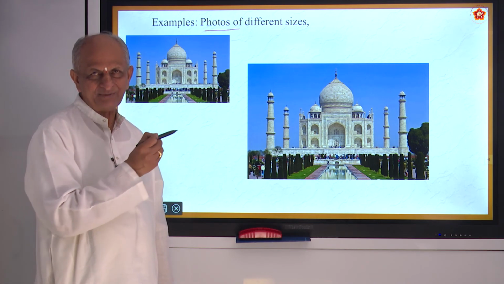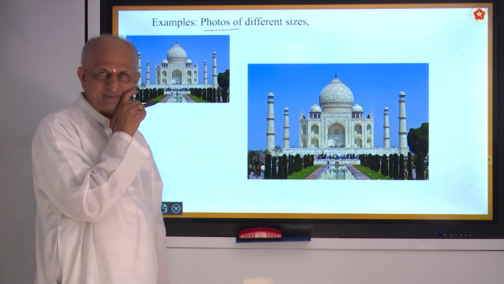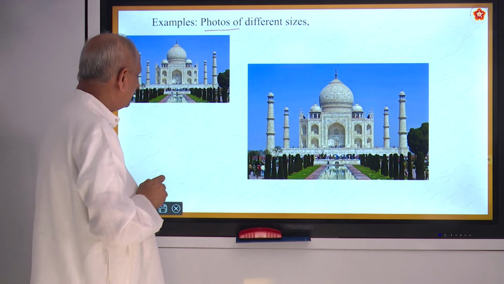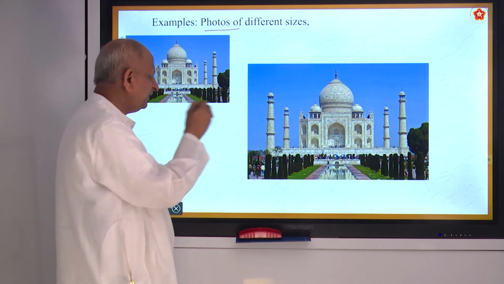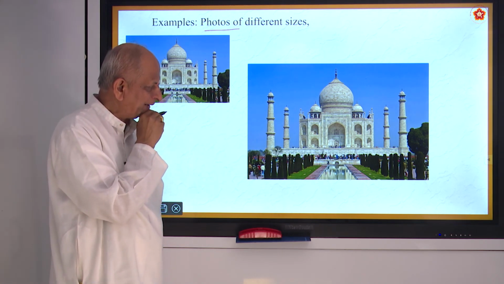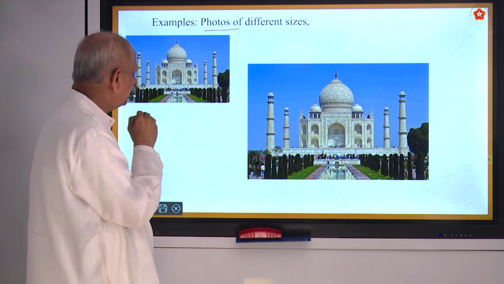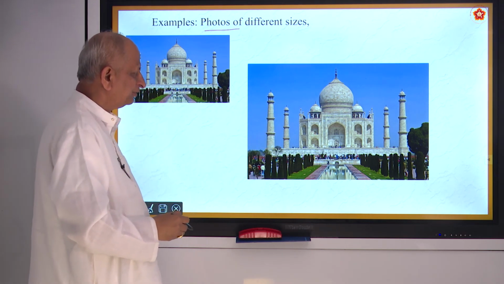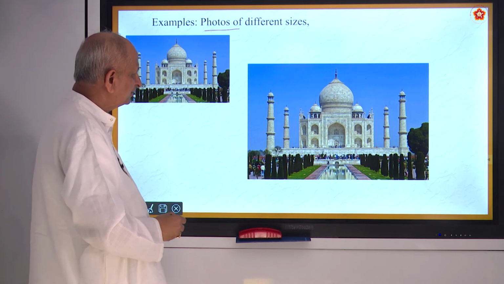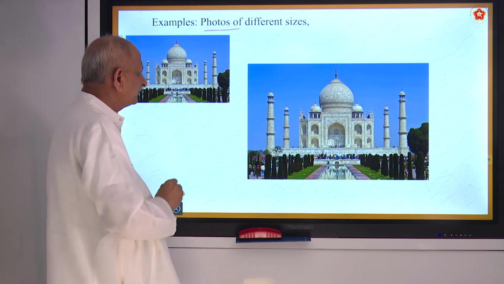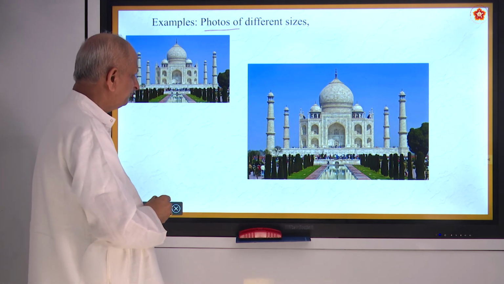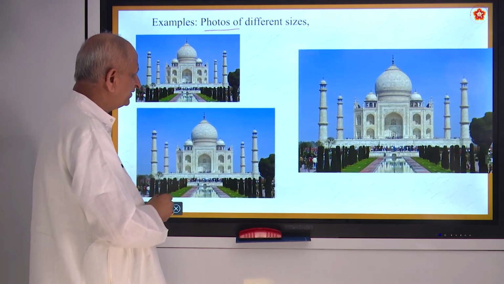Shah Jahan built this Taj Mahal in the name of his wife, and it is a world famous monument made up of marble. And here you see, this is also a Taj Mahal photo, this is also a Taj Mahal photo, and here the shape is the same but sizes are different.